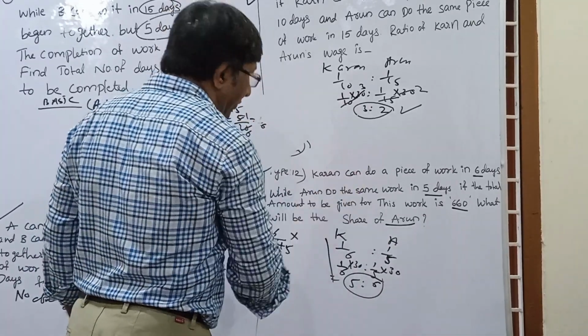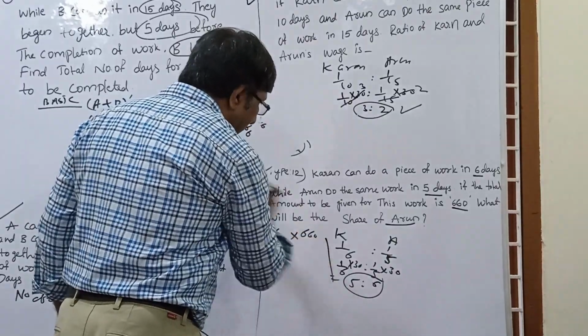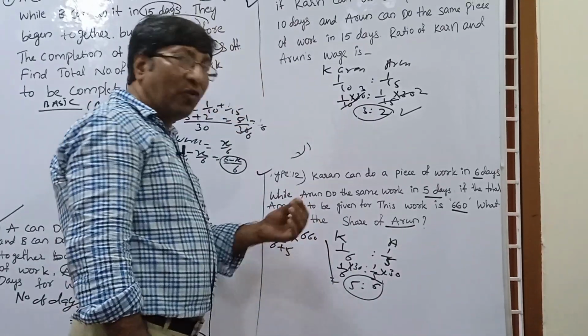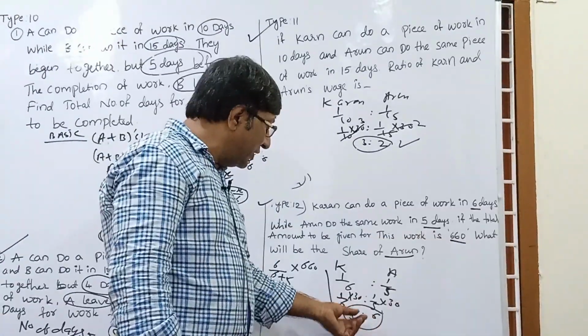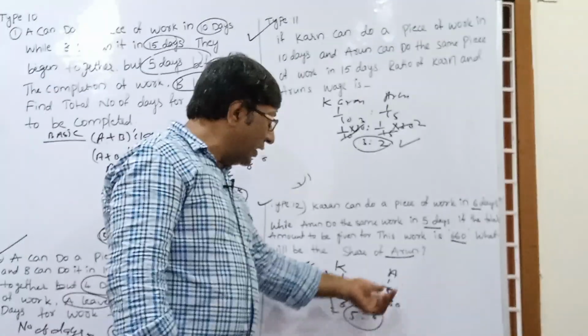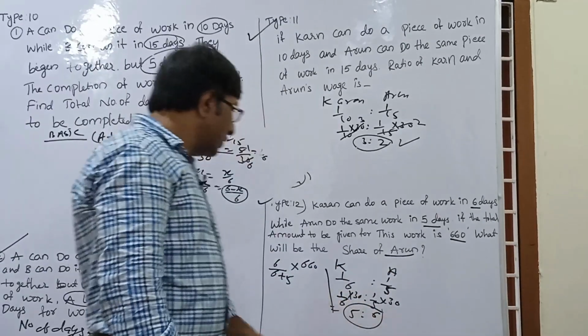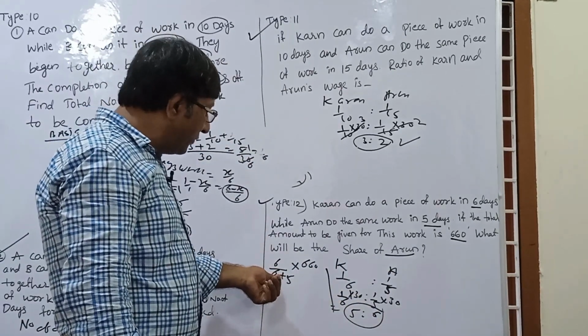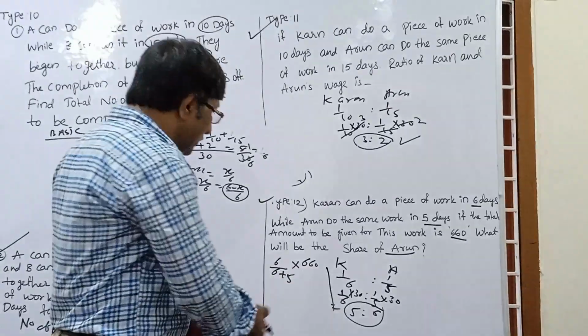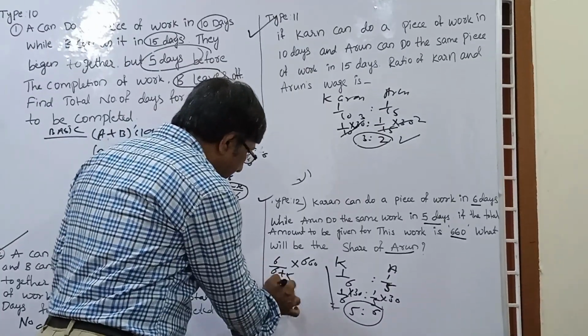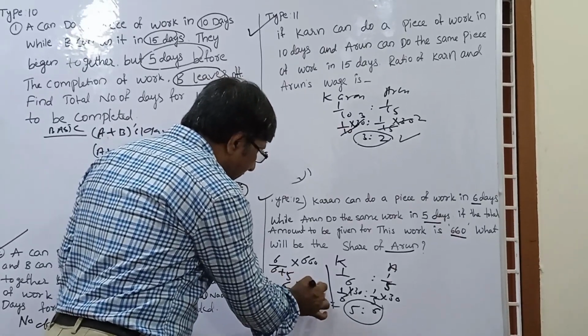What is the total amount? 660. In short, we have to divide 660 in the ratio 5:6, and Arun's share is 6 ratio. So 6 upon the sum of the ratio 6 plus 5, into 660. So it will give you 6 upon 11 into 660.